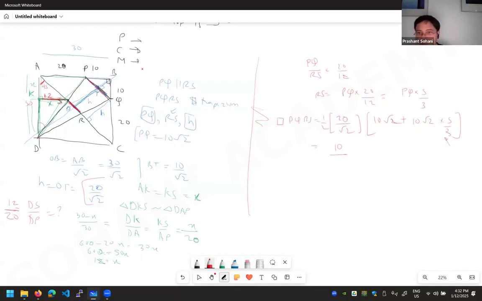I think so now, but let us see what happens next. So the square root 2 will cancel. Half and 20 cancel. So I'm going to get 10 plus 10 into 5 by 3. So my answer is coming as 800 by 3, which is the area of PQRS.